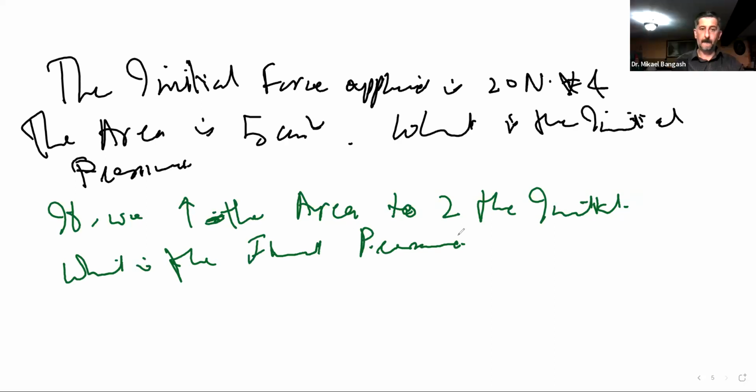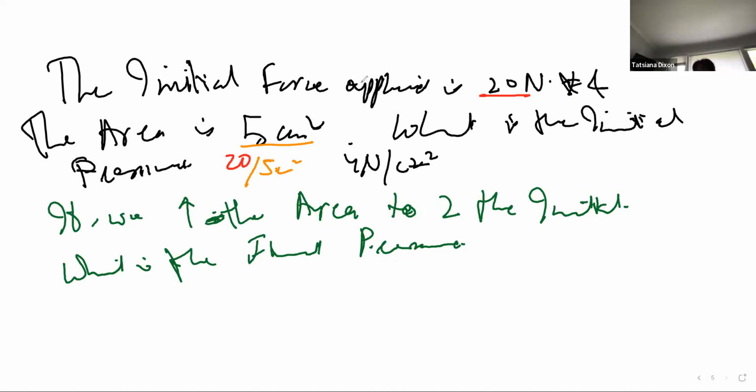Now just look here. Clear? We can calculate it out to become 4 newtons per centimeter square. Did that make sense? Good.